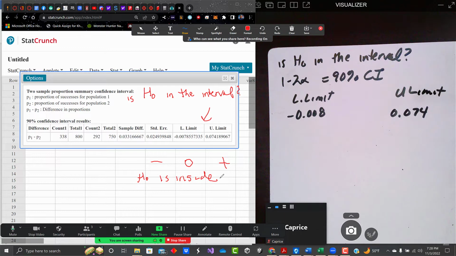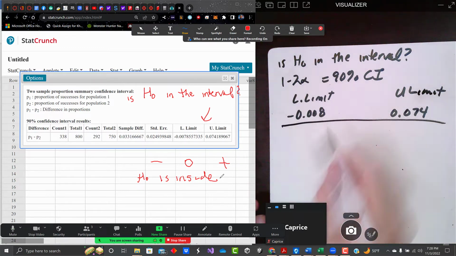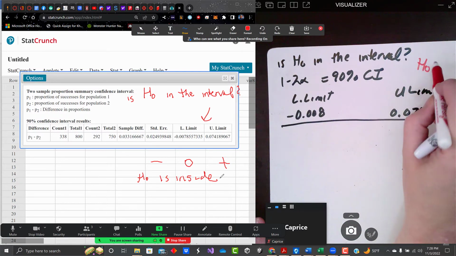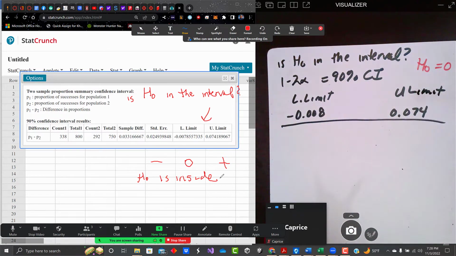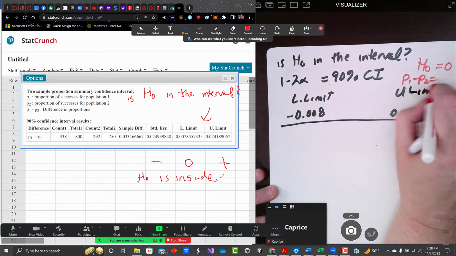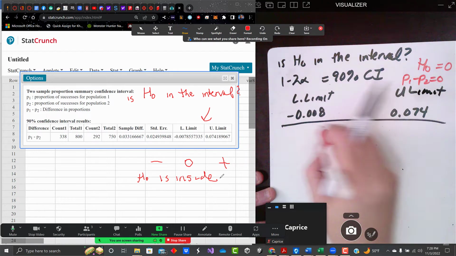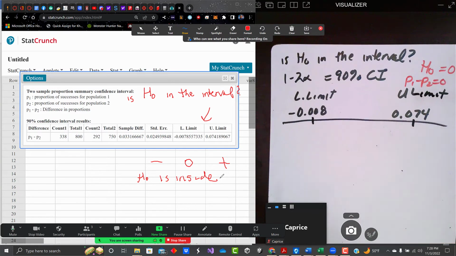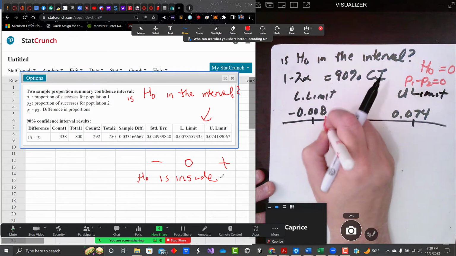H naught on a number line, we had 0. P1 minus P2 equals 0. If that's negative 0.008, and that's 0.074, 0 is right there.